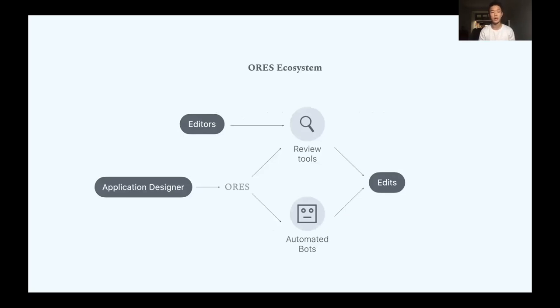As I mentioned, we have application designers or tool developers who volunteer in the Wikipedia community. They use ORES to build review tools and automated bots, and those tools will directly impact moderating or maintaining edits on the platform.